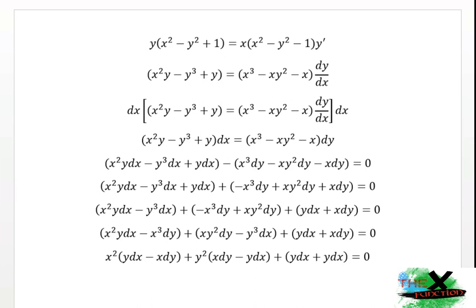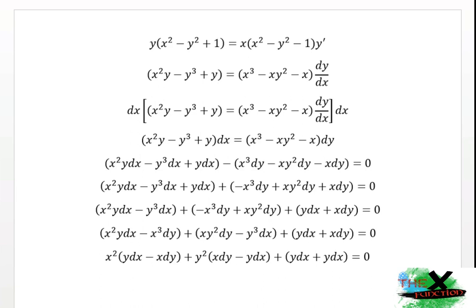While in the xy squared dy minus y cubed dx, the common factor is y squared, so we have y squared times the quantity of x dy minus y dx, plus copy the last term y dx plus x dy. So we have now x squared times the quantity of y dx minus x dy plus y squared times the quantity of x dy minus y dx plus y dx plus x dy is equal to 0.